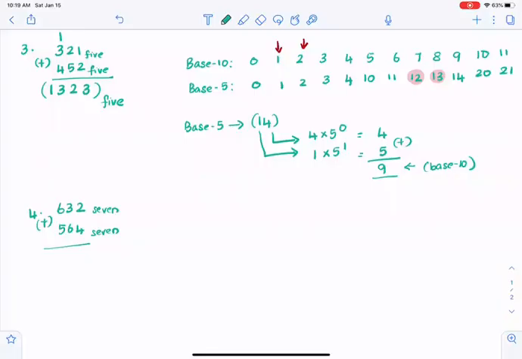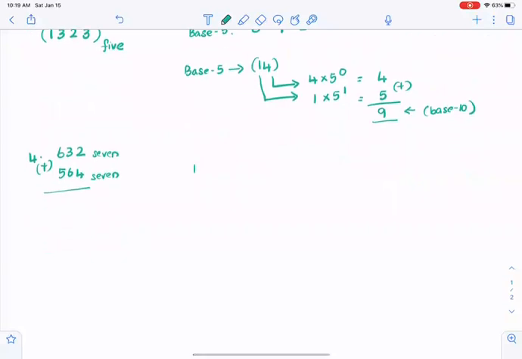So I'm going to start with base 10. Then go to base 7. So 0, 1, 2, 3, 4, 5, 6, 7, 8, 9, 10, 11, 12, just for good measure. The first 6 digits, not a problem at all.